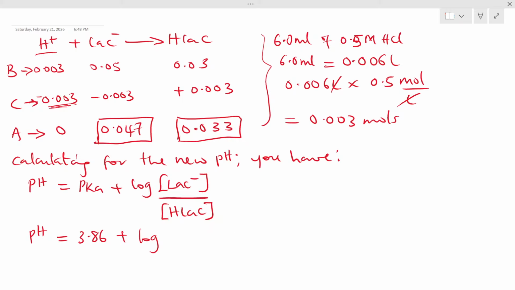So this is actually 0.047 moles divided by 0.033 moles. Now your moles will cancel out the moles, and what you have is pH is equal to 4.01.